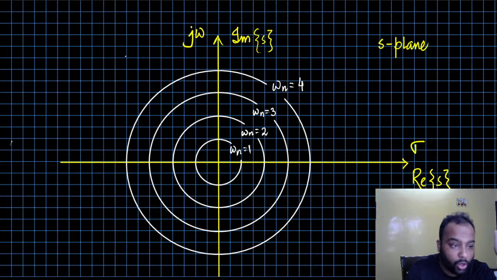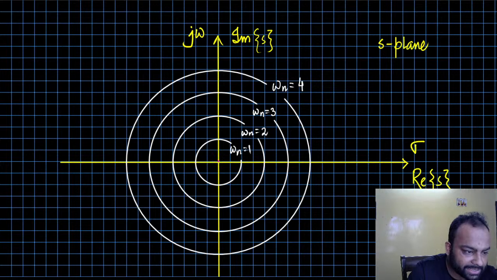Along with that, we have this knowledge that if I draw these lines, the angle with the negative real axis determines the damping ratio. So if I draw this line, let's start with the j omega axis.